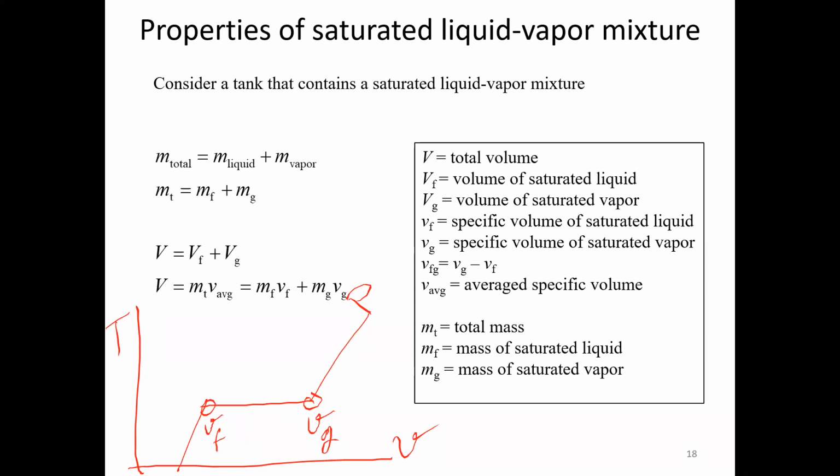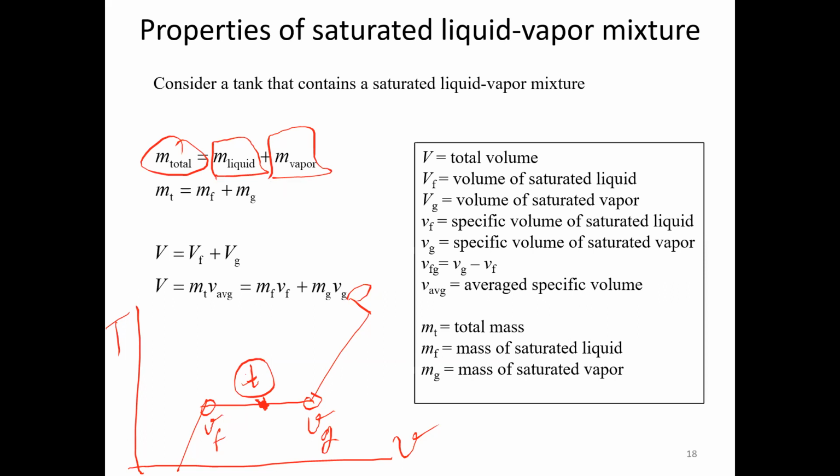And the mass, if I take any point here, I want to find out the total, call it T point. If I want to take the mass here, the mass of this substance consists of mass of liquid plus mass of vapor, because it's somewhere between the vapor and liquid.